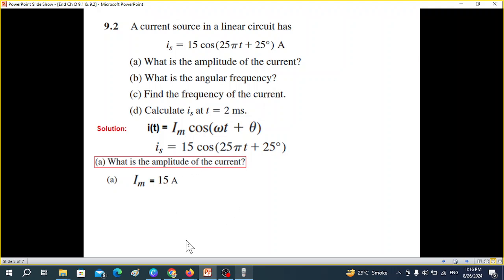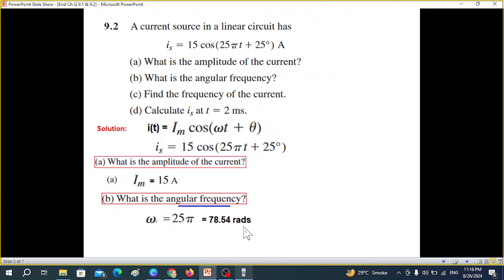Part 1 is done. Part B is what is the angular frequency. And as I mentioned, angular frequency is omega. And omega is 25 pi from here. You can see this is omega. Which can be simplified to be 78.54 radians.